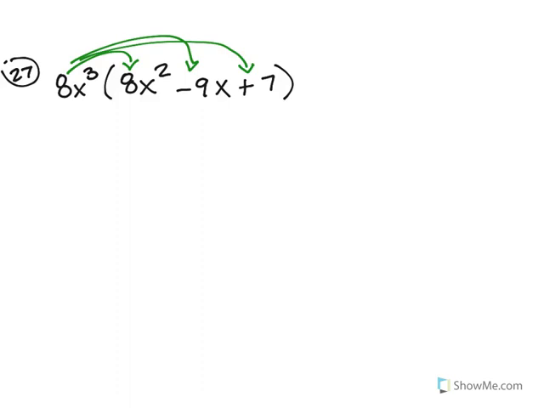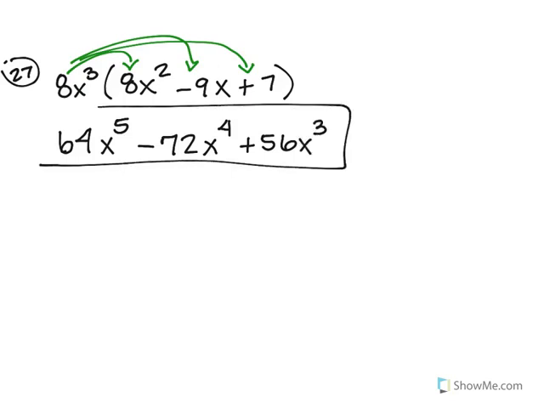So 8 times 8 is obviously 64. And then 3 plus 2 makes 5. So that'd be x to the 5th. Minus 8 times negative 9 is a negative 72. And that would be x to the 4th. And then 8 times 7 is a positive 56. And that would be x to the 3rd. So just wanted to remind you of those rules.